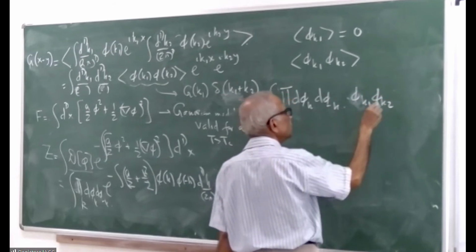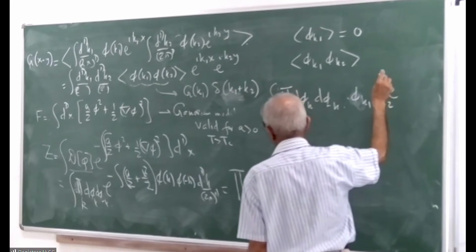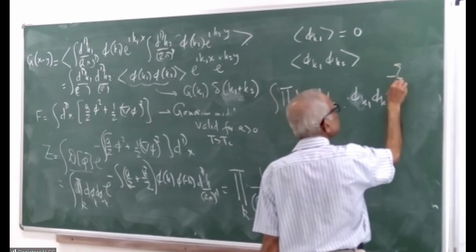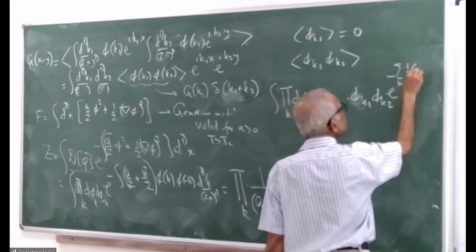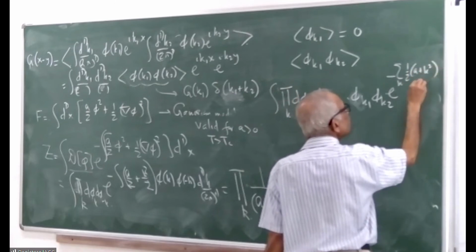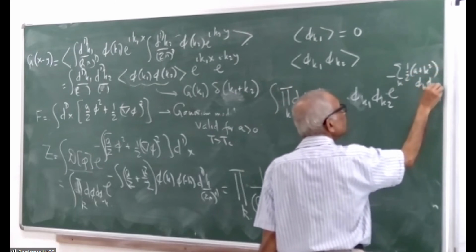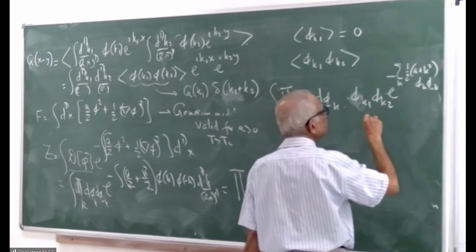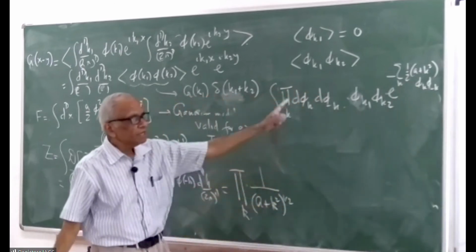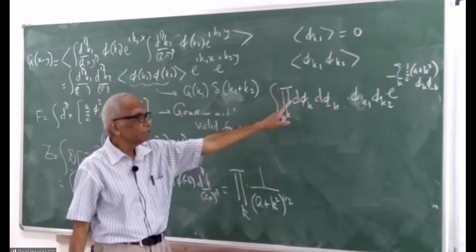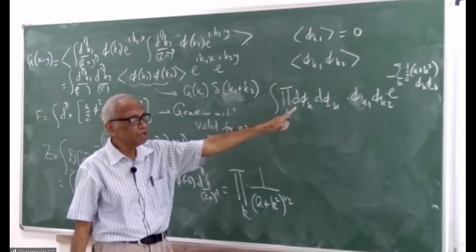These are fixed numbers, times e to the power minus the summation over k of half a plus k squared, phi k phi minus k. This is the integral that you have to do.